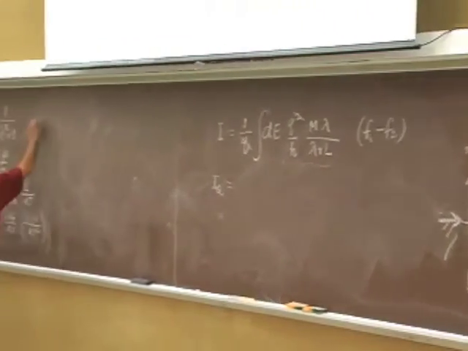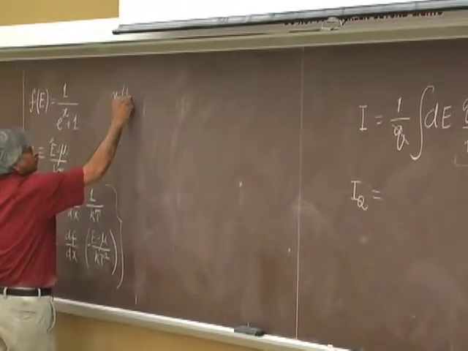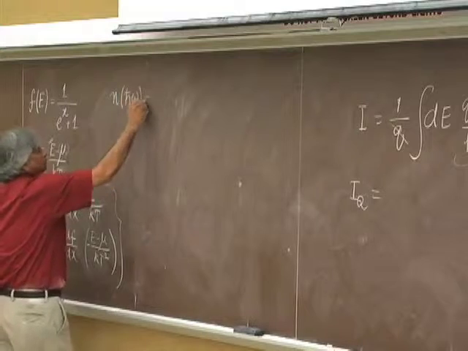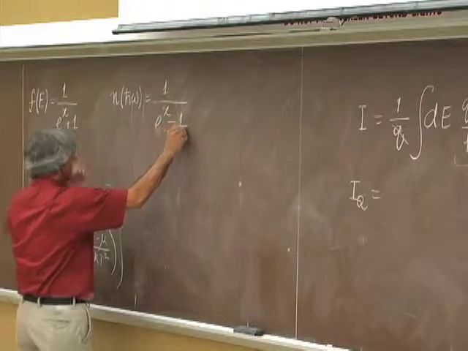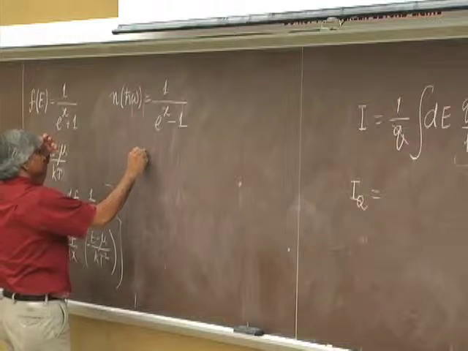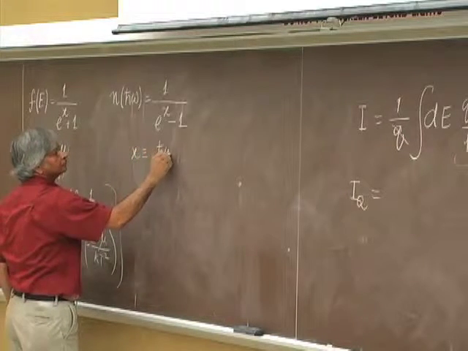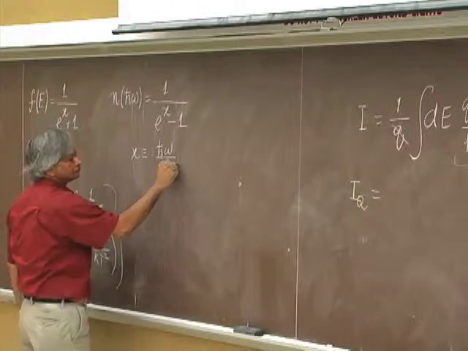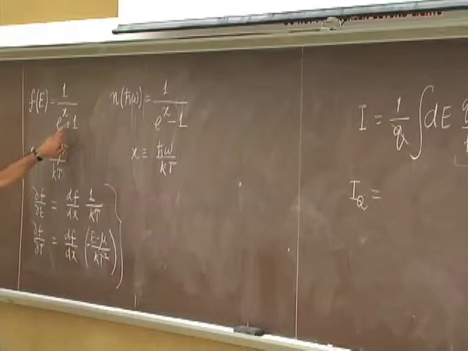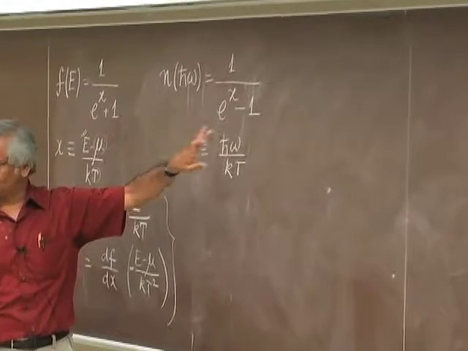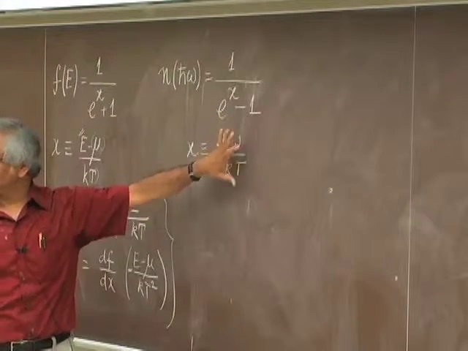So let me just write that. It is a function of h bar omega, with a plus here and a minus there, which makes the function look very different.